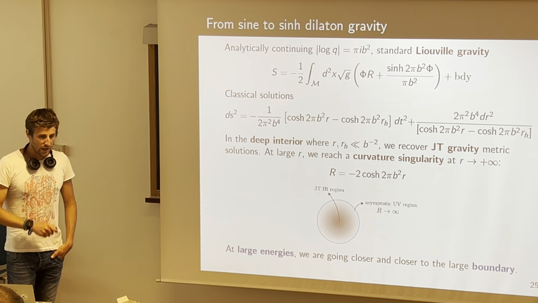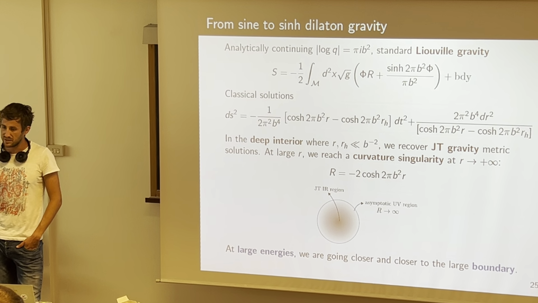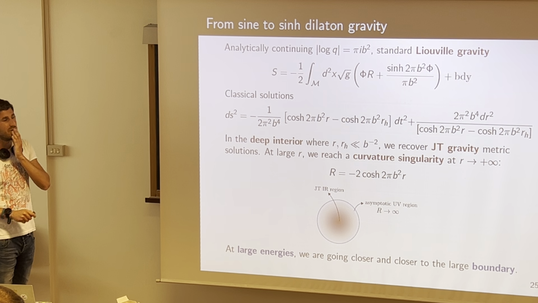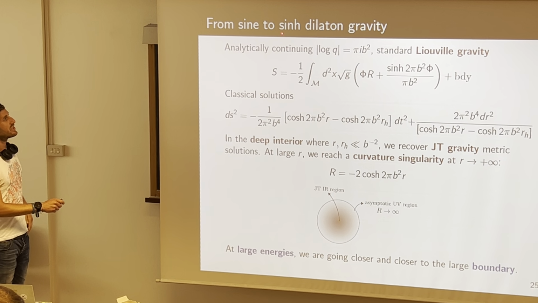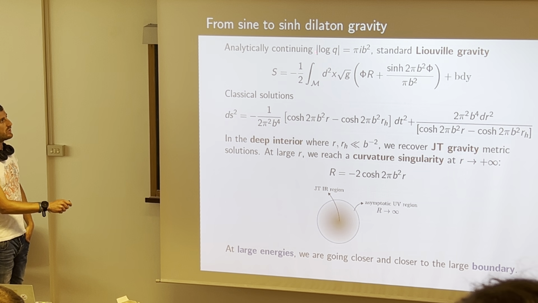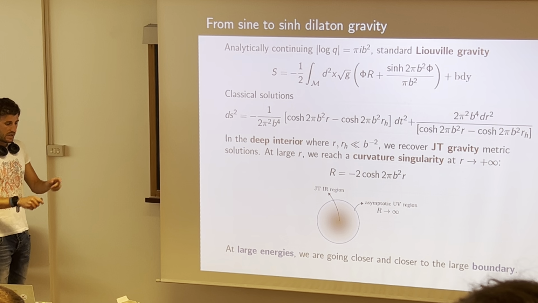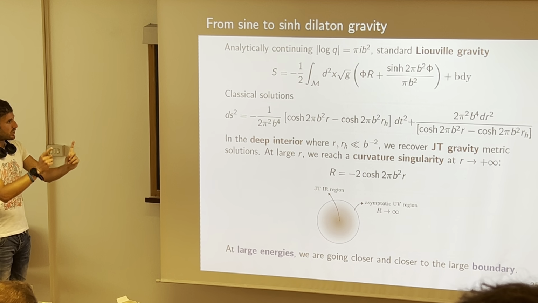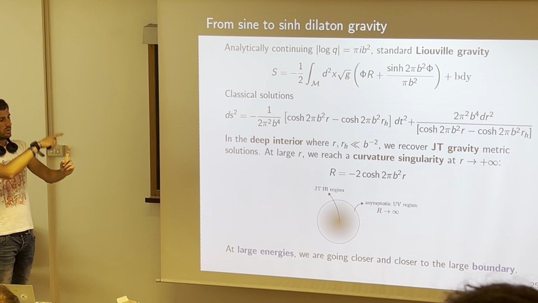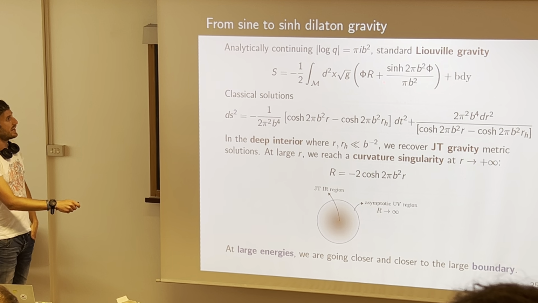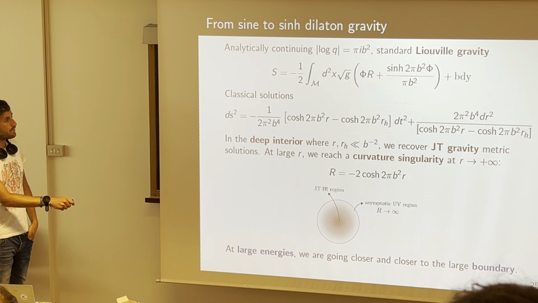We have not managed so far to obtain this result directly in sine dilaton gravity, but there's a broader theory, Sinh dilaton gravity, where you analytically continue the value of log Q. So instead of having Q from 0 to 1, as in the SSYK, now we analytically continue to Q on the unit circle, and by doing that the sine becomes a sinh.